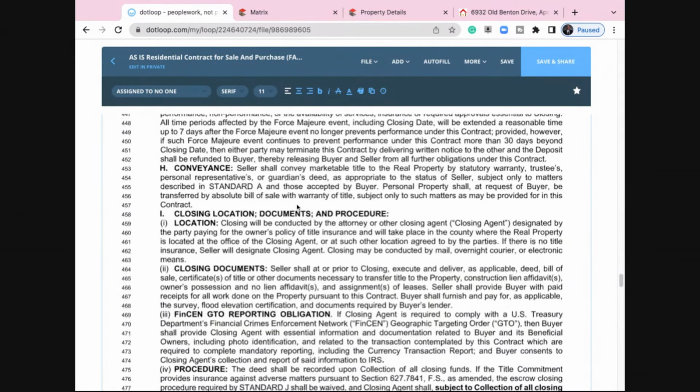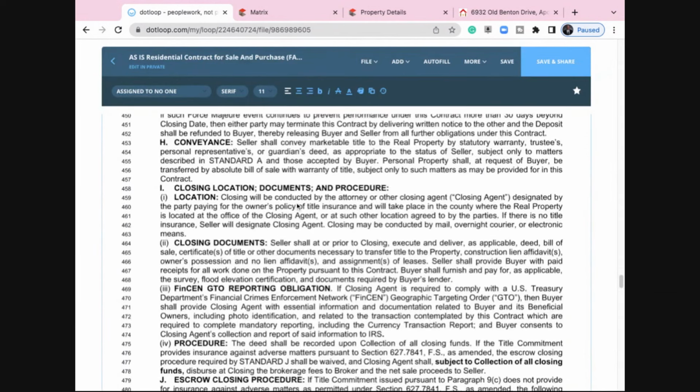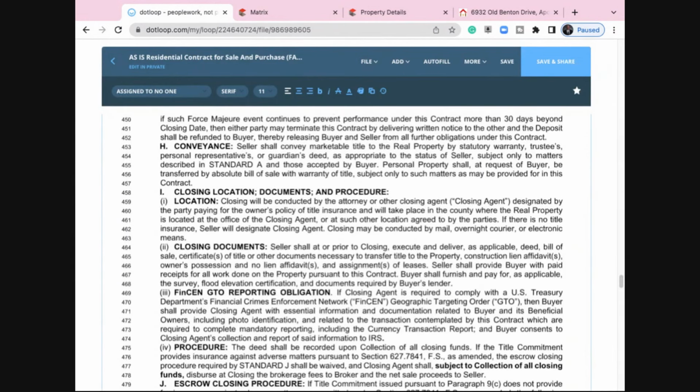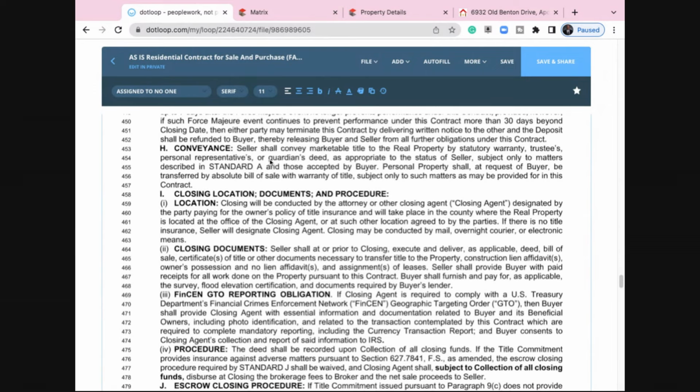Okay, so that's important. So again, let's say something happens and let's say it's a flood event, right? And the house is pretty torn up and you cannot get the house back to how it was at time of inspection, at time of the effective date within 30 days, then you can submit written notice to the other party and you will be out of the contract and your money will be returned.